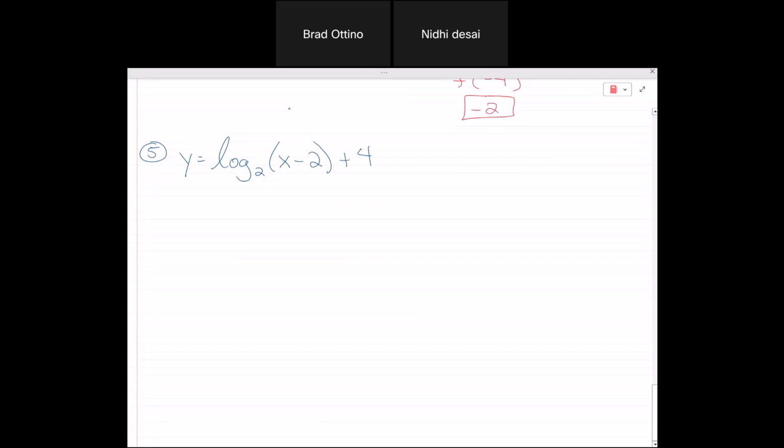It'll ask us to graph it. And it'll ask us to find the domain, the range, the asymptote, the y-intercept, and then we're just going to graph it.